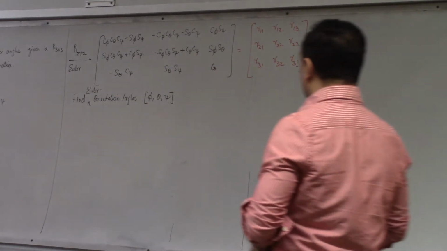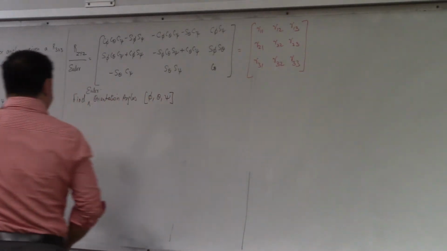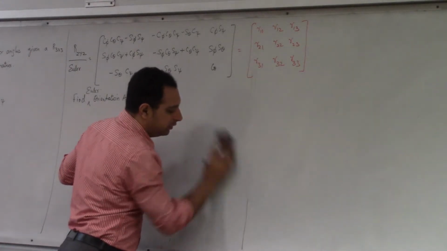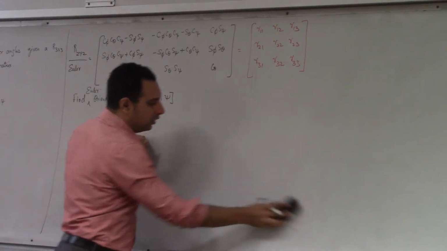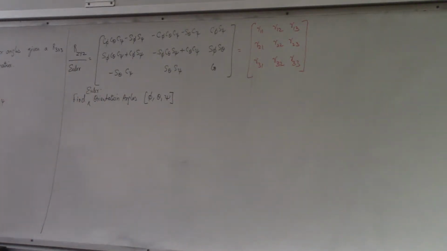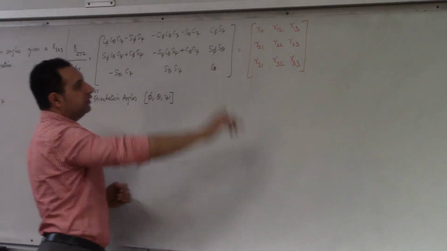Okay. Now, when we discuss the properties of rotational matrices, it's a property of the rotational matrices that they are orthogonal and the determinant is 1. And any row or any column is a unit vector.